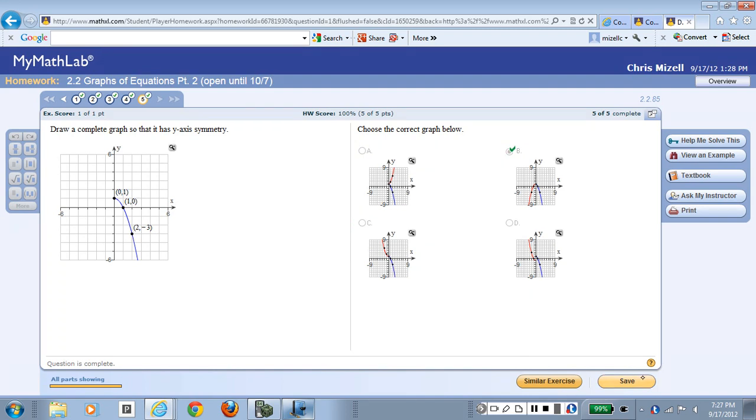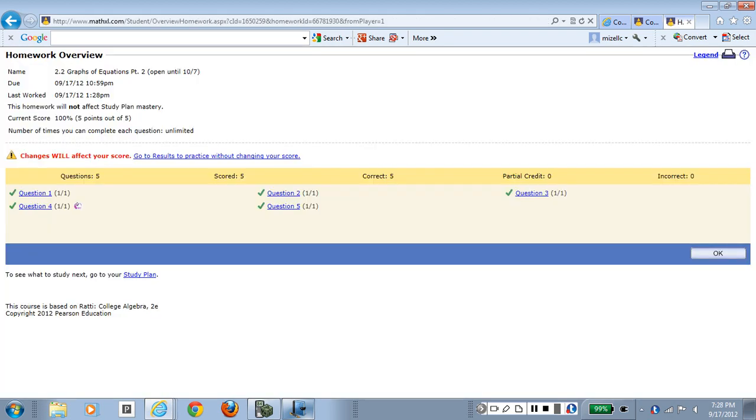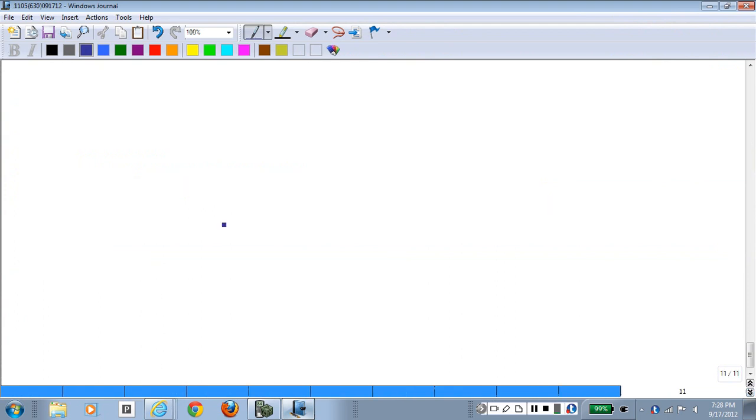What would a graph look like that had no symmetry? Maybe just draw something at random. No symmetry, just something like that.